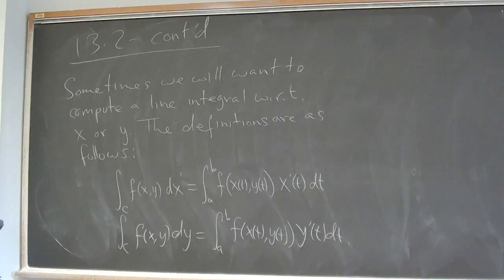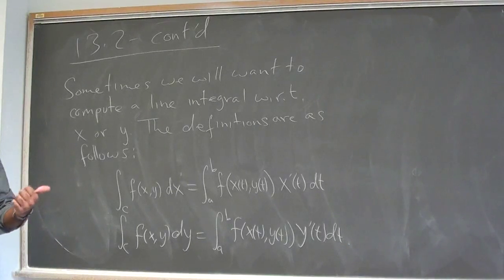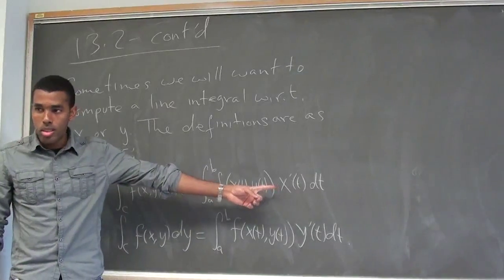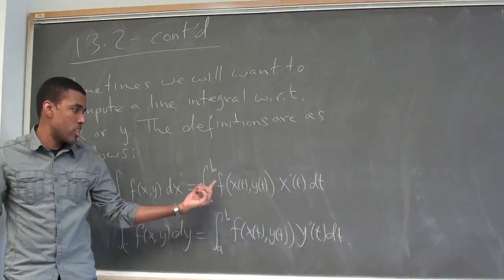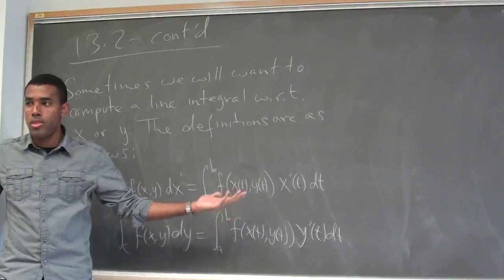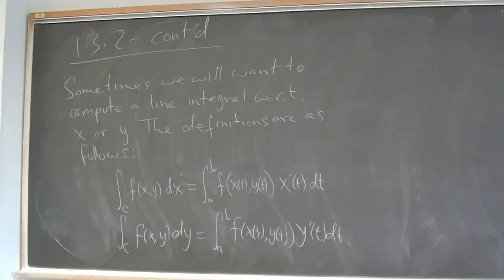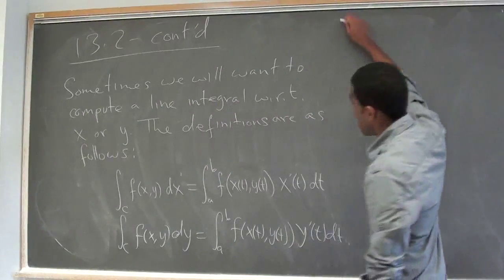Because you could parameterize the x-axis by letting x be itself, running between a and b, in which case x prime would be 1. So your dt would just be dx, and your f of x, y would just be f of x, since there are no y's. It essentially falls right back into the Calc 1 definition of the integral, so it is consistent.